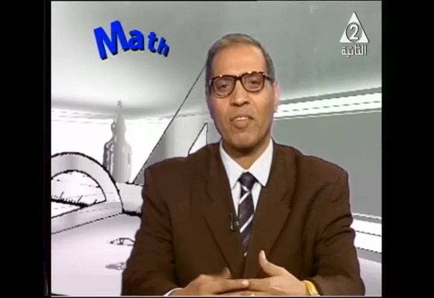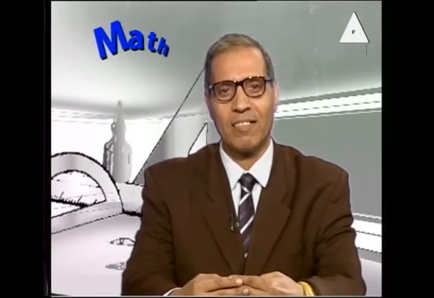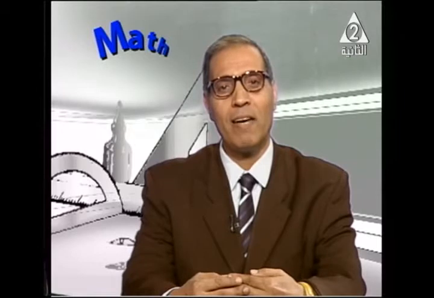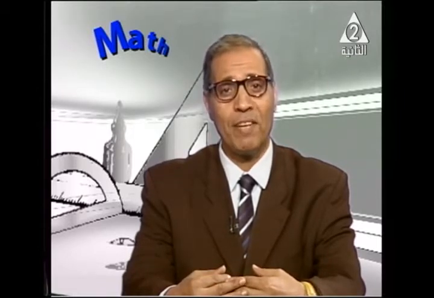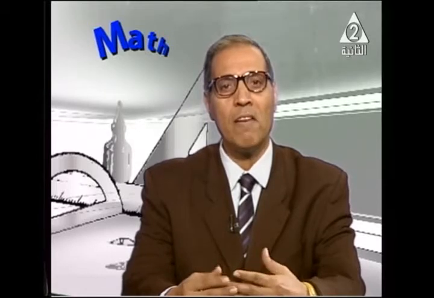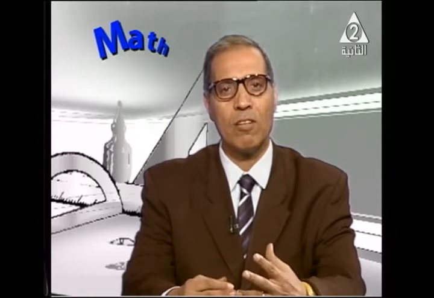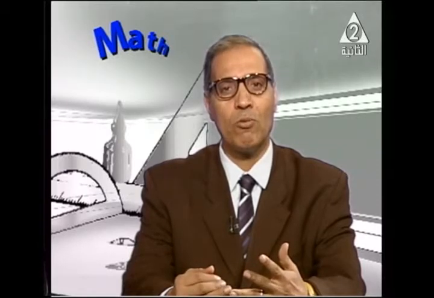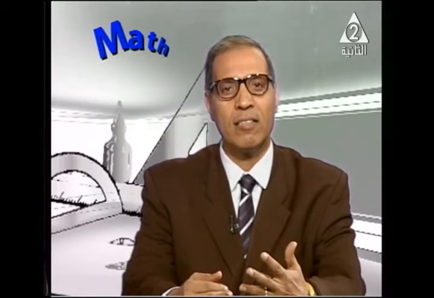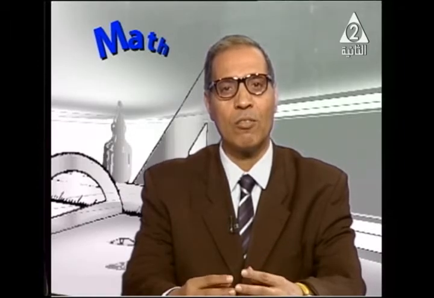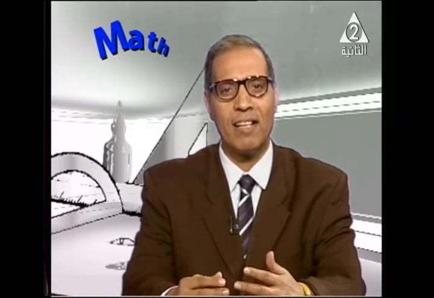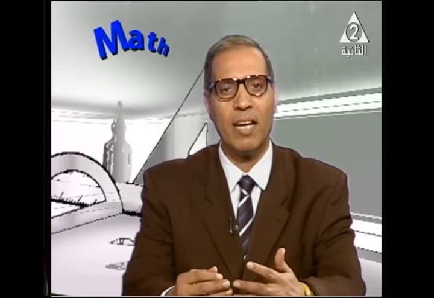Dear student, this example is very important. We have two vectors, A and B. A vector equals B vector means AX equals BX, AY equals BY, AZ equals BZ. We have three equations. From the three equations, we solve to find the value of L, M, and N.